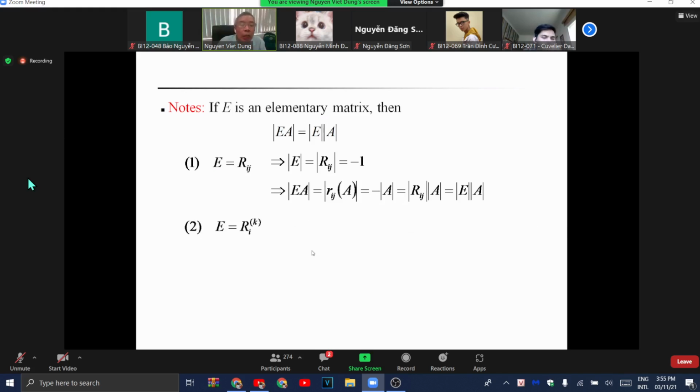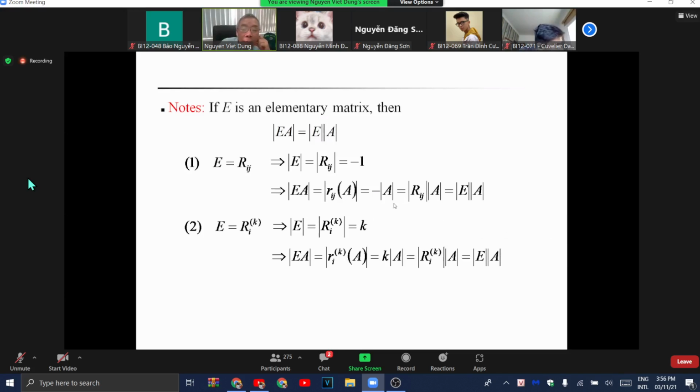And so on, you can apply the second one. If E is Ri to the power K, then the determinant of E will be K. In that case we use similar things and you will get that one. I will leave it for you to read by yourself, but everything is very easy and written clearly here.